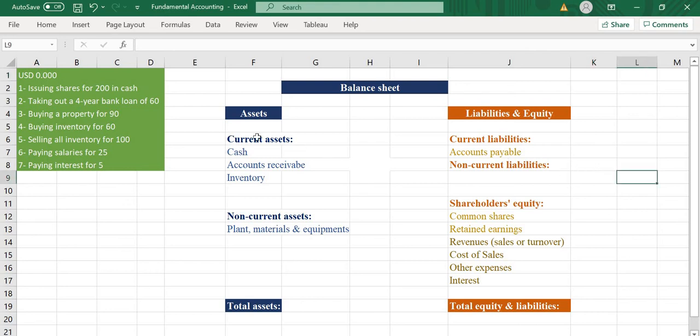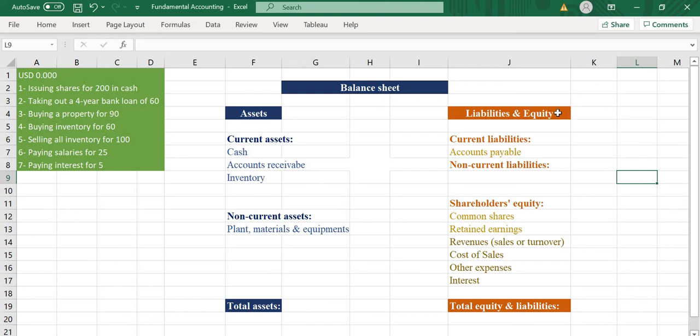In the asset side, we have current assets. This accounts for cash, accounts receivable, and inventory of the company. And we also have non-current assets, for example, a company's own plant, property, material, and equipment for manufacturing and producing goods.